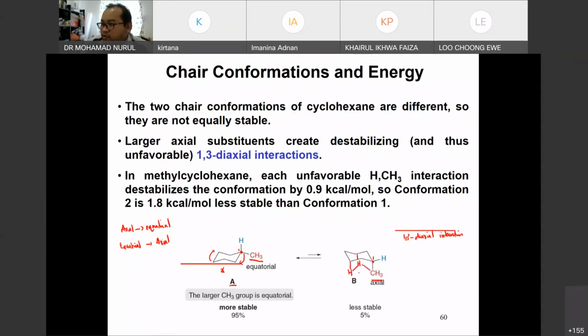This is why we call them 1,3-diaxial interactions: 1, 2, 3, and 1, 2, 3. That's why we call it a diaxial interaction. If there is another CH3 here, there would be another two diaxial interactions. I hope it's clear.